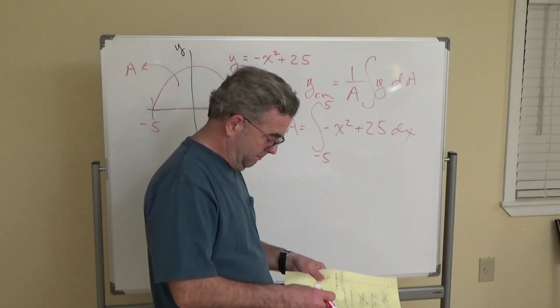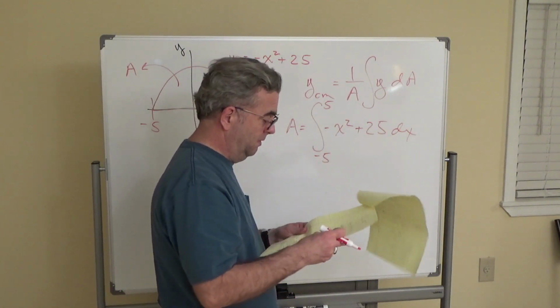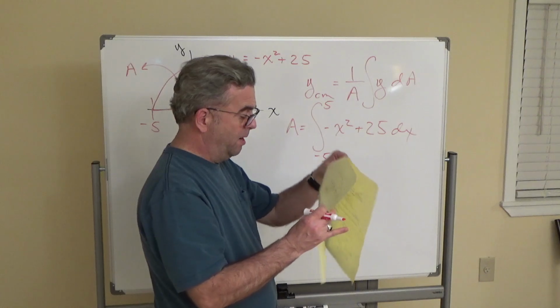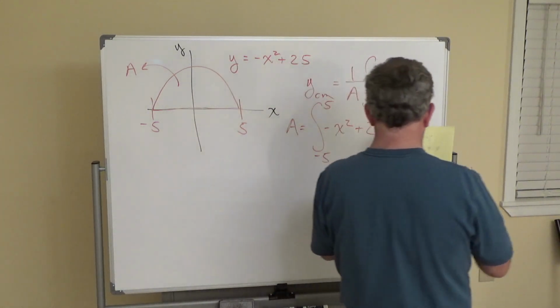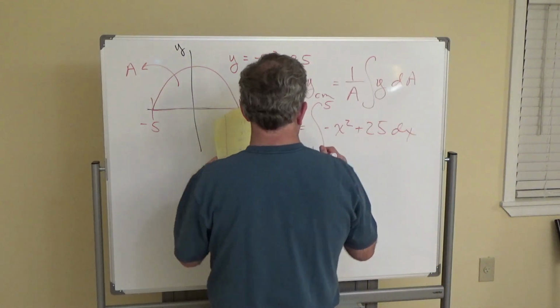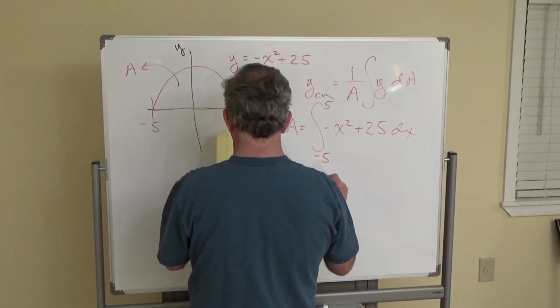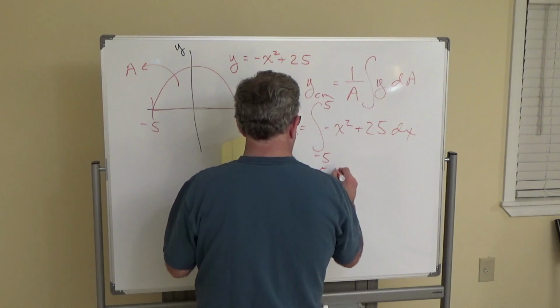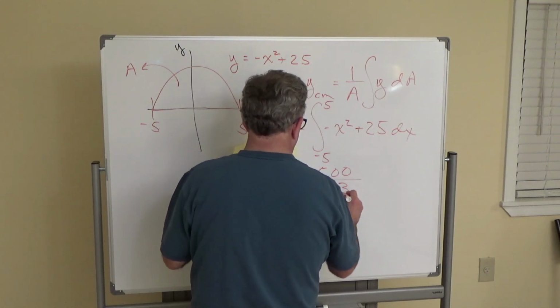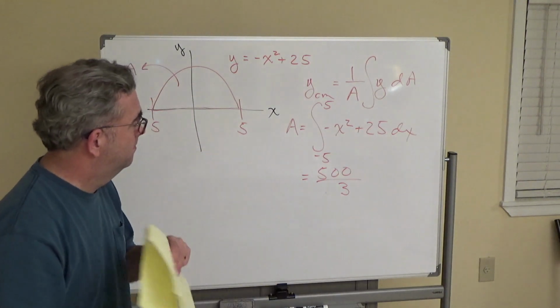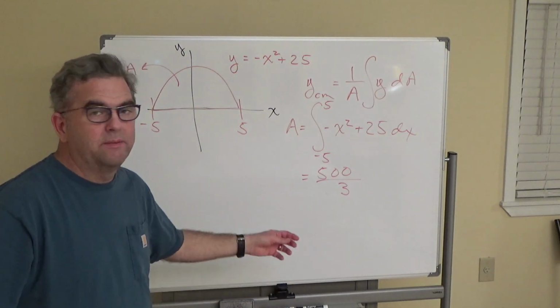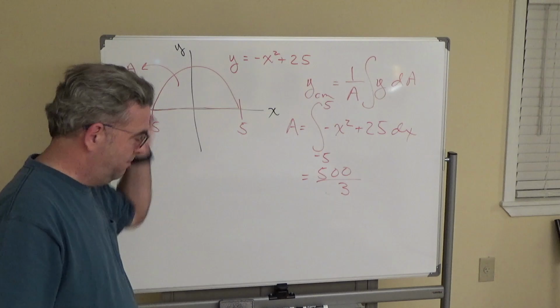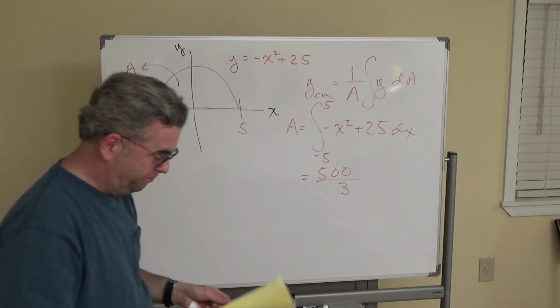Do the integral. It's not difficult. Let me see what I came up with. This is equal to 500 over 3. Calculate it: 500 over 3.